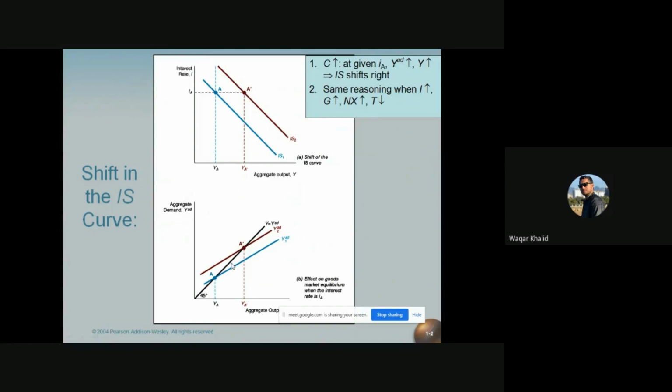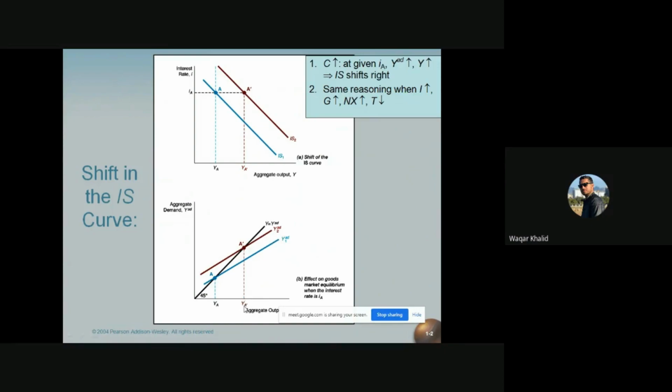Look, this is due to the increase in autonomous consumer expenditure. This will shift the Y1AD curve from its original position to Y2AD.